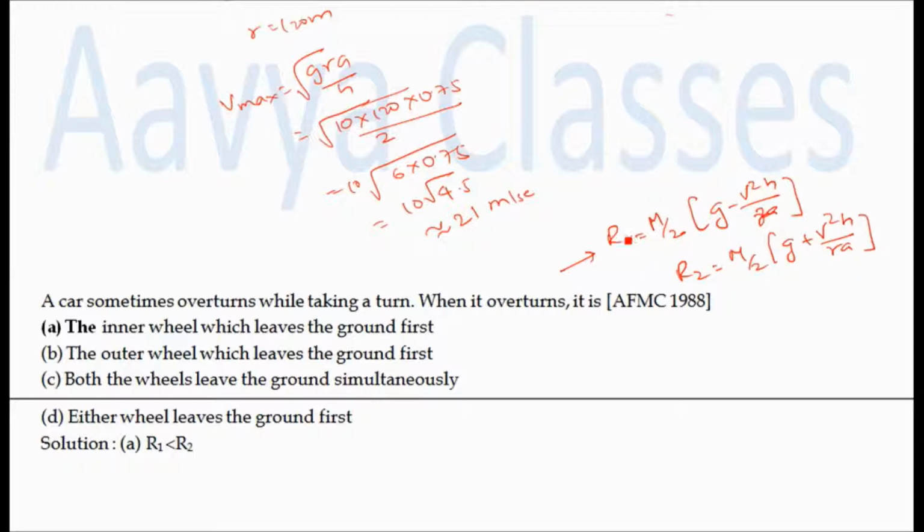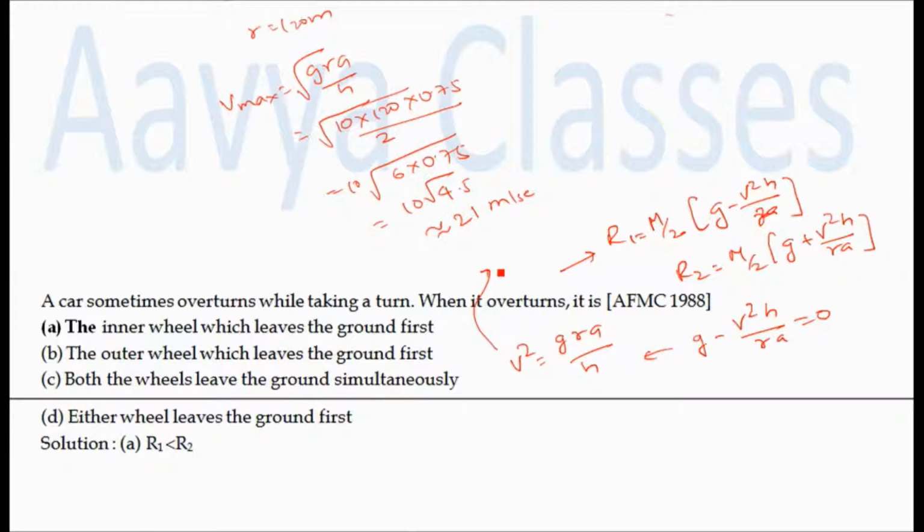Clearly R1 will be 0 when the term inside the bracket is 0, or g minus v square h divided by ra is equal to 0, where v square is equal to g ra divided by h.